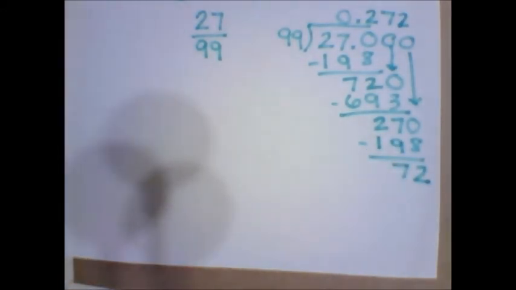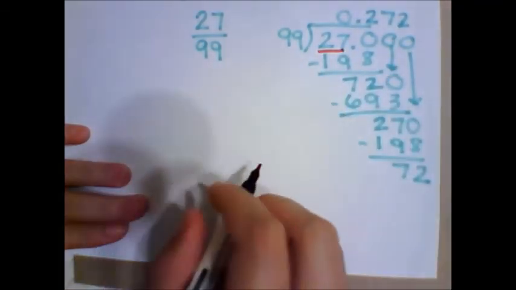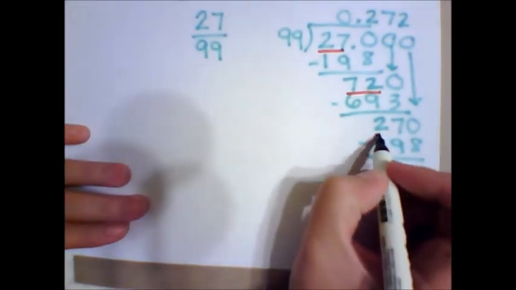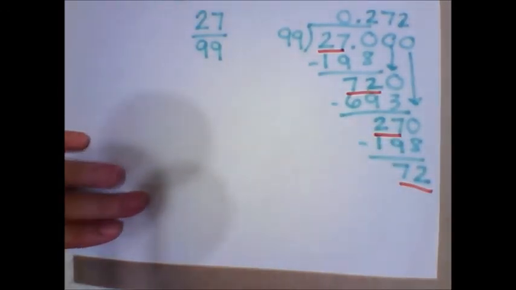This is where a really close eye is beneficial. We've got a pattern going on here. Look at your differences. We started out with 27. We had a difference of 72. Then we had a difference of 27. Now we have a difference of 72.